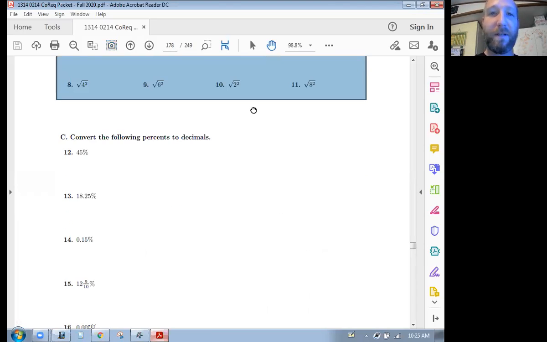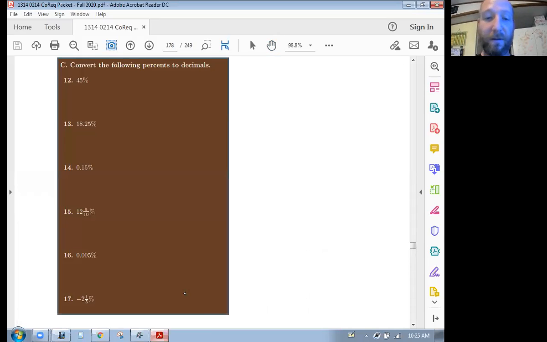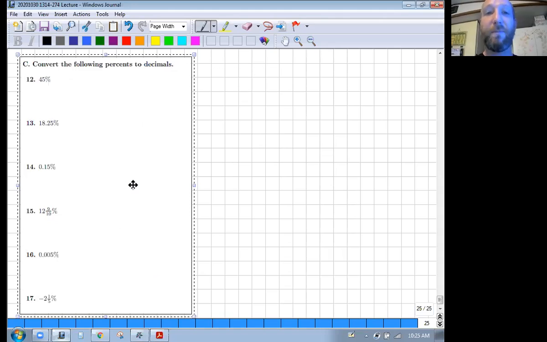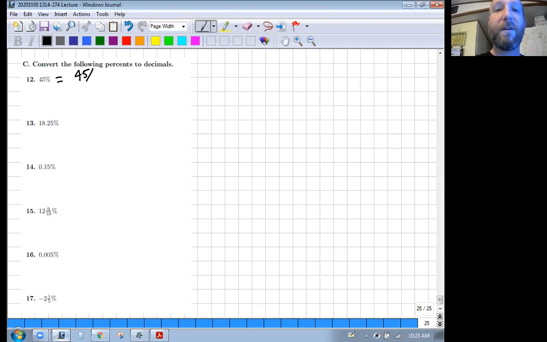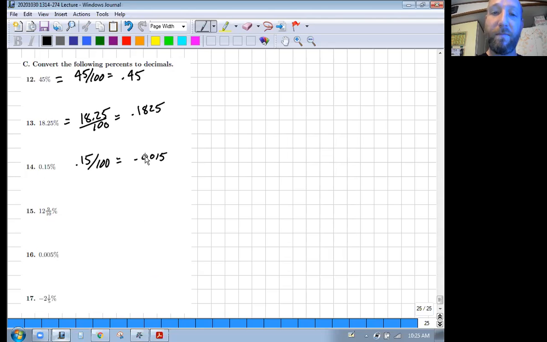They like to throw these in here. I'm not really sure why this is thrown in here, but I guess it's just reminders of how to do this because it's important. 45%, 45 out of 100, which is 0.45. 18.25%, 0.1825. 0.15% is 0.0015. 12 9/10%, that's 12.9% or 12.9 over 100, or 0.129. 0.005%, that's 0.005 over 100, or 0.00005.